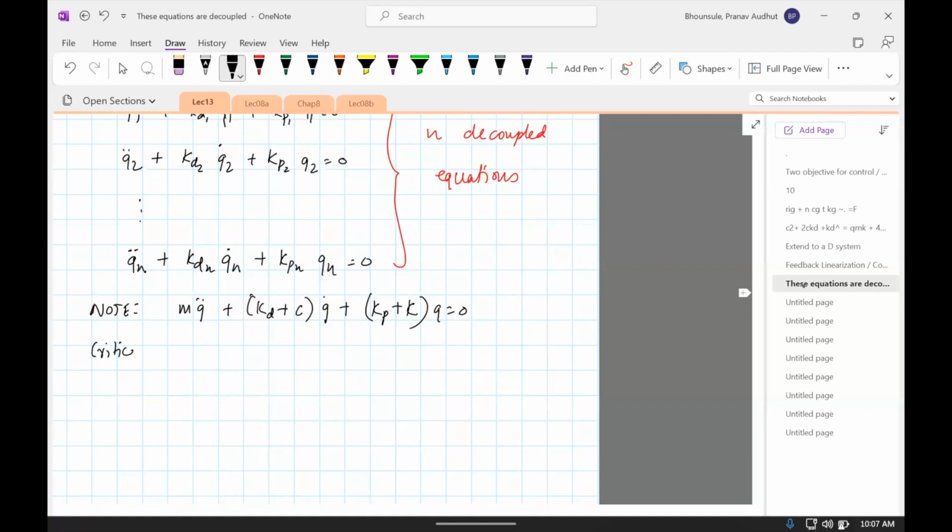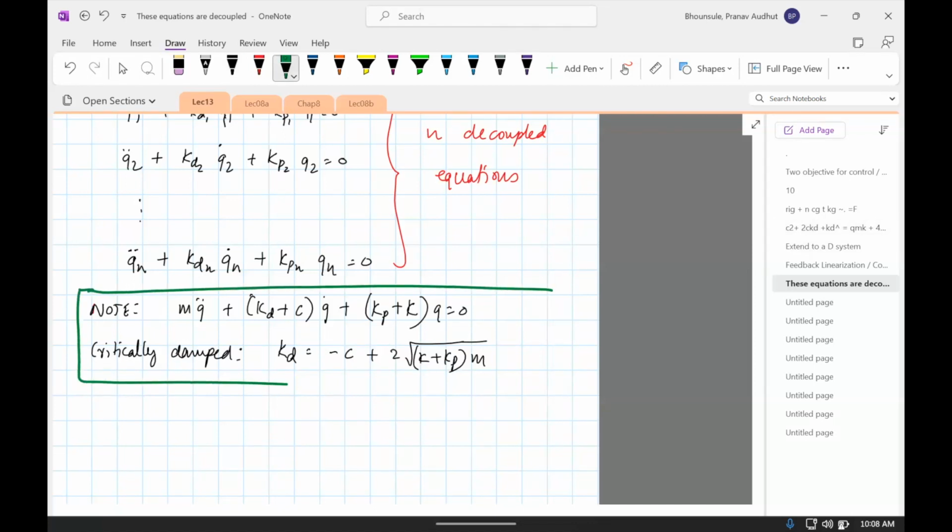For this to be critically damped, the condition is kd equals minus c plus 2 square root of (k plus kp) times m. This was derived earlier.